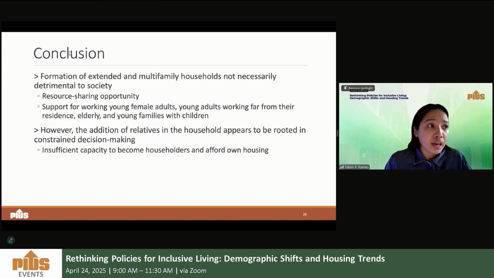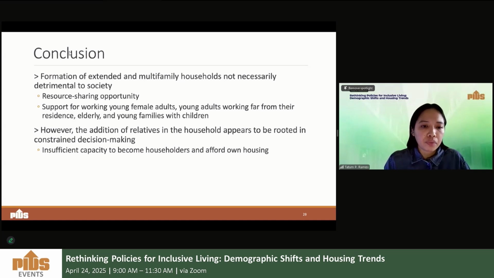So other members can help ensure the security of the house, and can also support household management activities. And it also provides support to the elderly who may not necessarily have the same capacity to undertake the same activities that they previously had before. And also a support for young families with children who are trying to grow their own family and raise their own children.